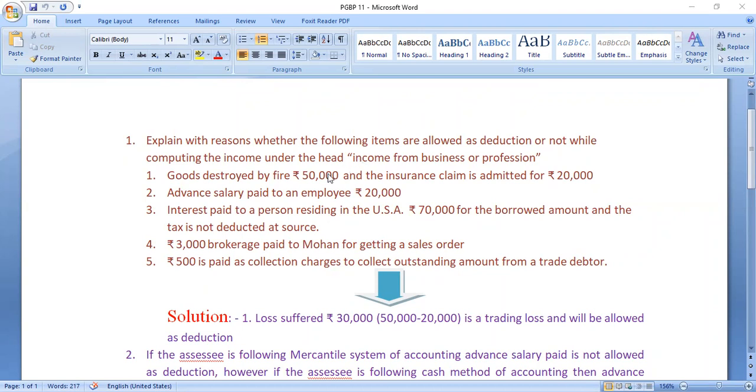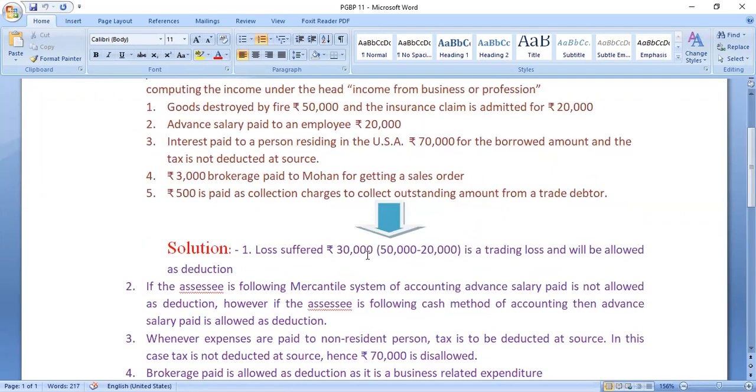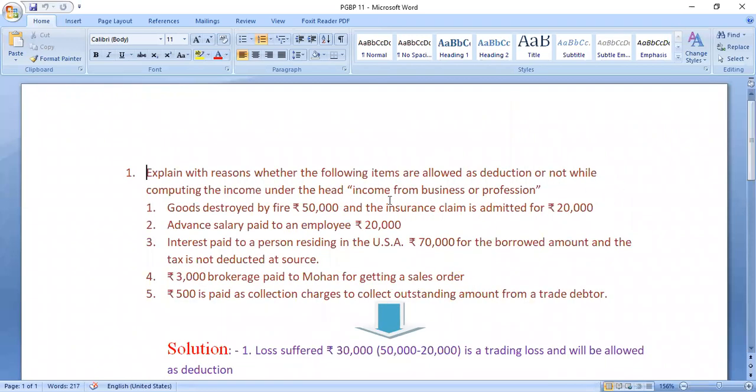But how much? Here, the total value of goods destroyed is 50,000, but you got an insurance amount from the insurance company of 20,000. What is the net amount? The net amount is 30,000. So what is the net loss suffered? Net loss suffered is 30,000. 50 minus 20 is a trading loss and will be allowed as deduction. So how much is allowed as deduction? 30,000, not 50,000, because you received the insurance amount of 20,000.